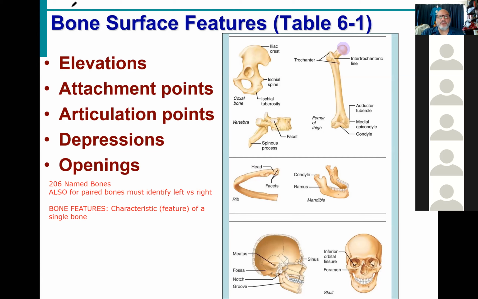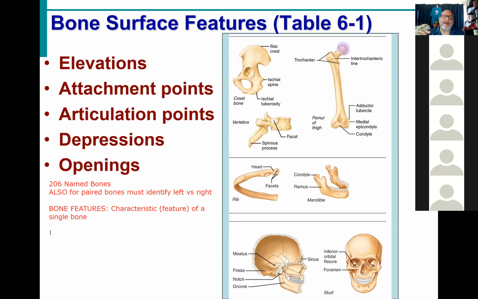What you have on your list is a precise list of the specific bone features you are responsible for on each bone. And some bones, the answer to that is none. You don't have to know any bone features of them, not because they don't have them, but because they're just characteristics. The frontal bone, you only have one. Doesn't mean it just has one bone feature. There's only one you're responsible for.